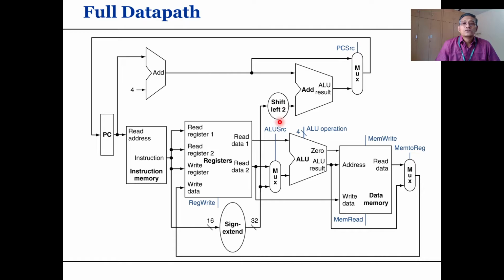And this shift left 2, we know, is used for word displacement while computing the branch target address. Then this is the data memory, and this multiplexer is used for storing the result, either the direct result from the ALU during normal arithmetic operation, or the value read from the data memory when we execute the load word instruction. So this is the entire data path up to this point.